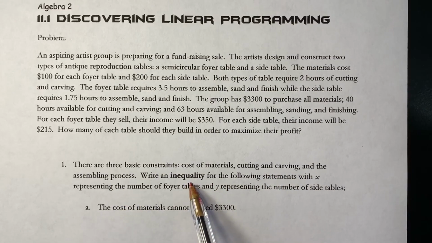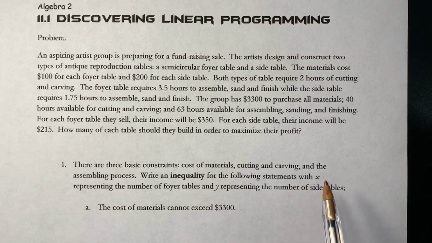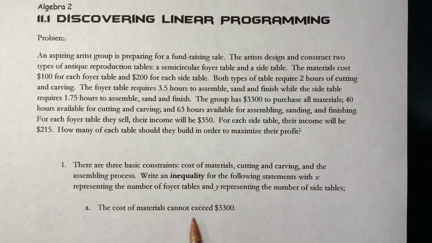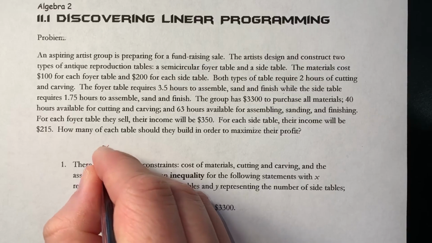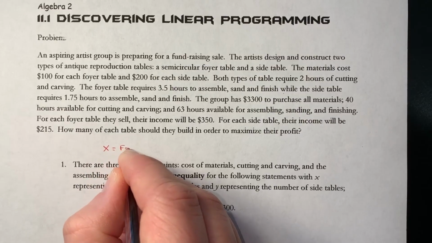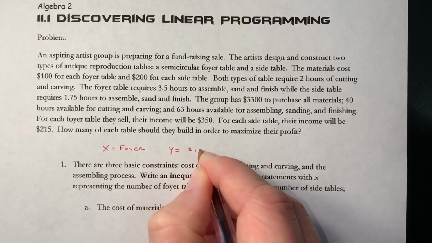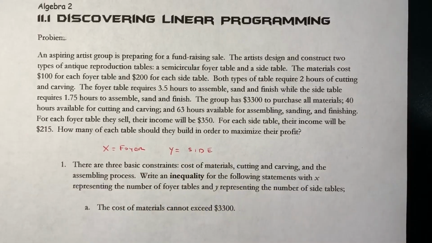We're going to write some inequalities for these constraints, where x is going to represent foyer tables, y is going to represent side tables, and I'm just going to make a note of that right here. x equals foyer tables, and y equals side tables. The cost of materials cannot exceed $3,300.